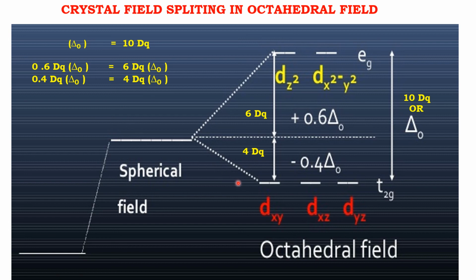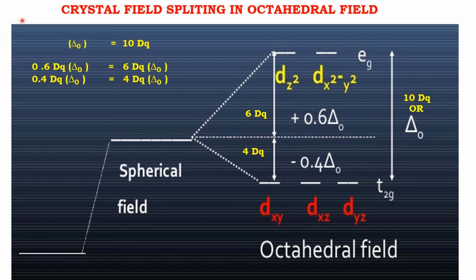The energy of each orbital of the T2g level is minus 4dq, while the energy of each orbital of the Eg level is plus 6dq. Right? We need this for further calculation of the crystal field stabilization energy.